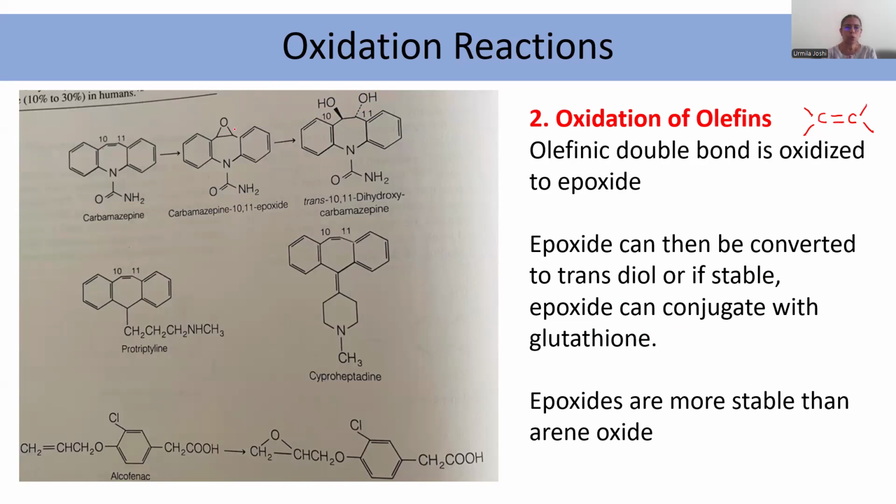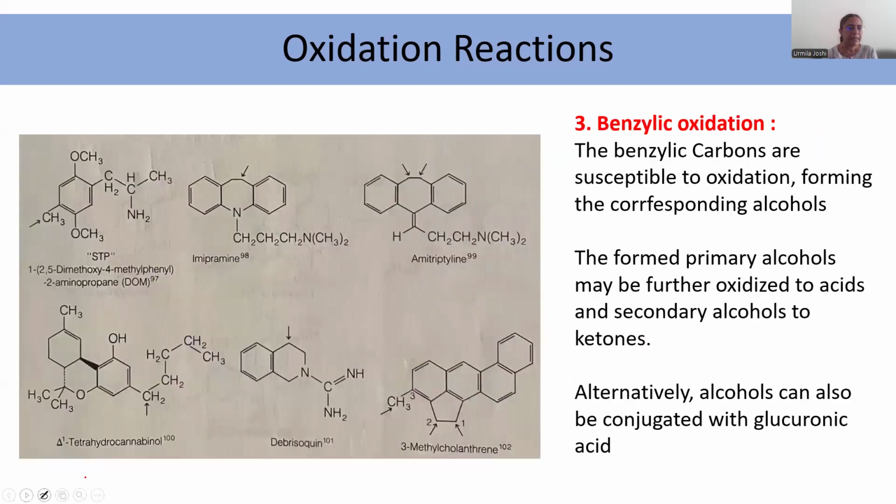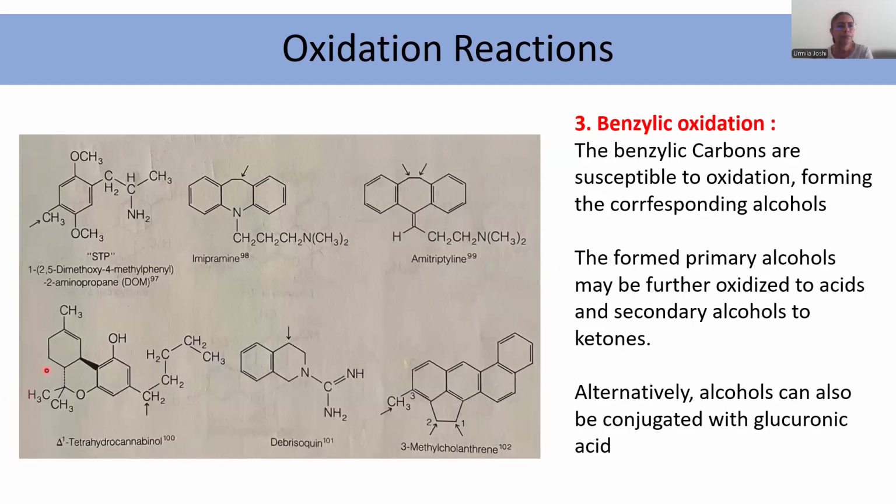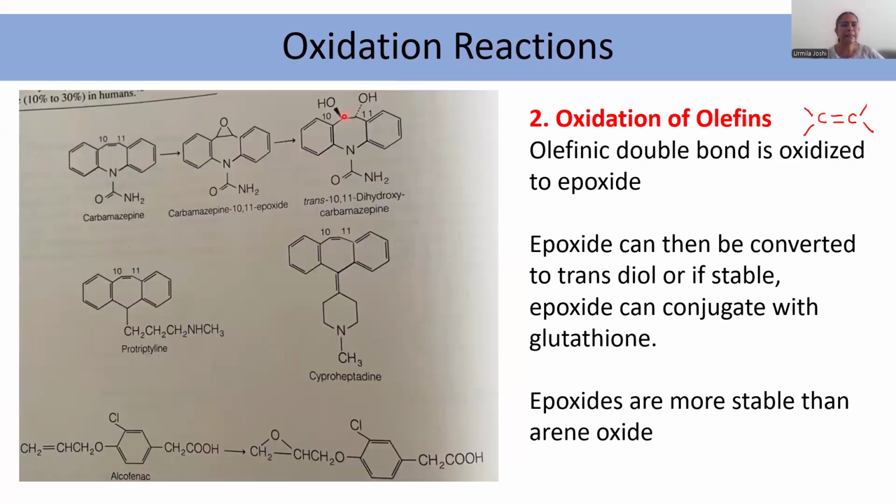So this epoxide breaks down and gives a trans diol. Have a look at this. Is this a trans diol? It is a trans diol, right? Because this is pointing forward and this is pointing backwards. These two OH groups are pointing in opposite directions.